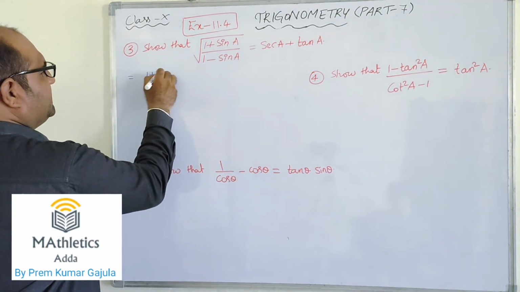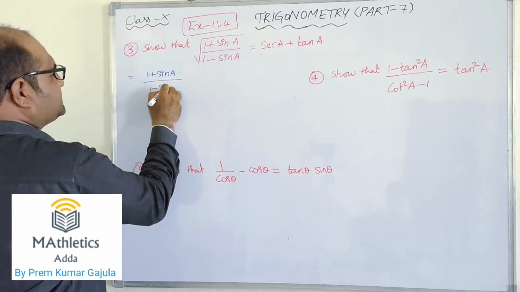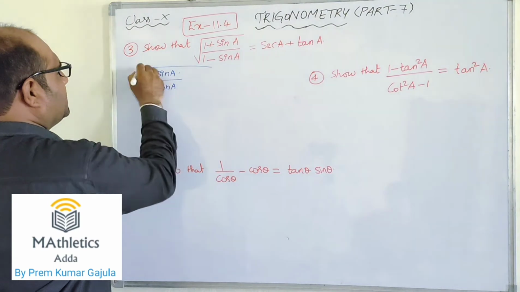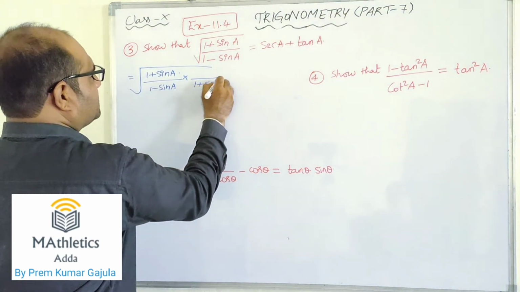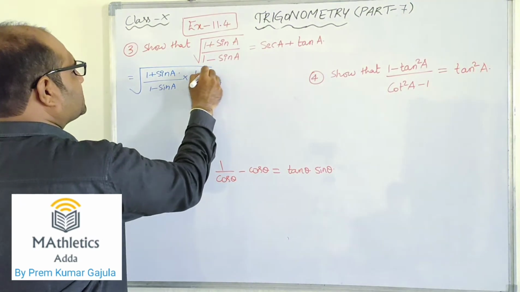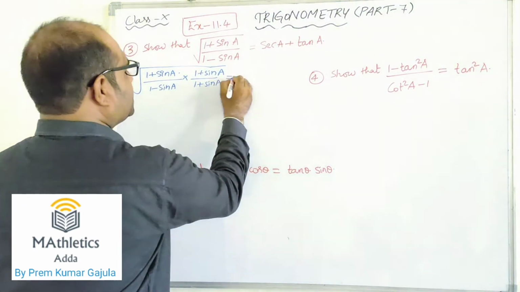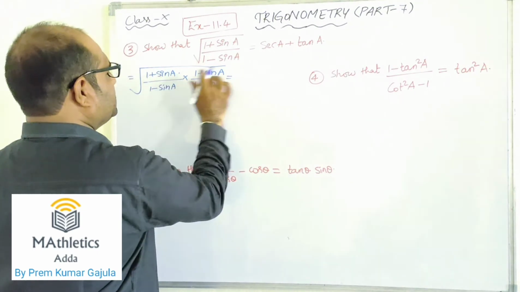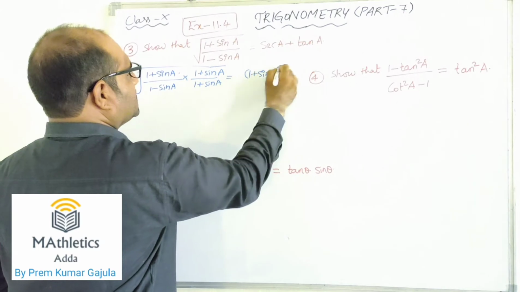1 plus sin A by 1 minus sin A. Okay, I'm multiplying with 1 plus sin A, both numerator and denominator. So what will you get here in the numerator place? 1 plus sin A into 1 plus sin A, you will get 1 plus sin A whole square.